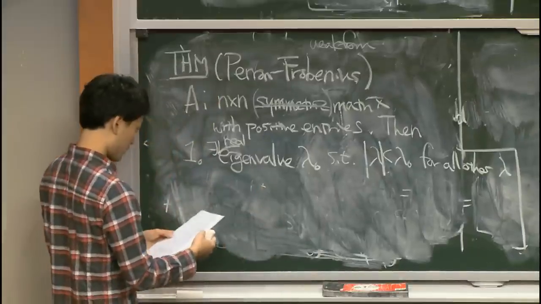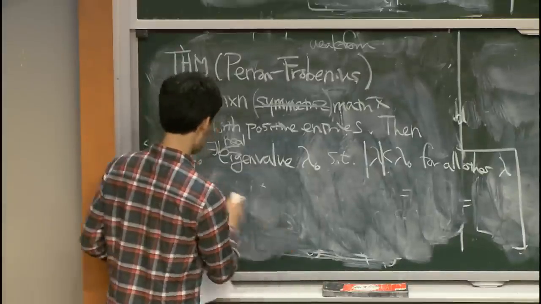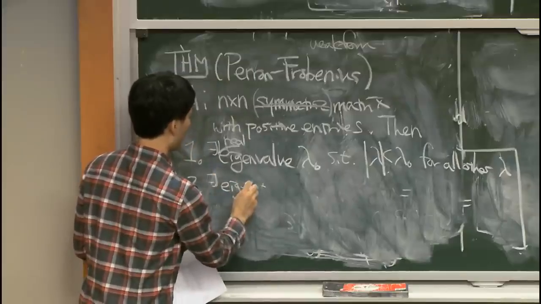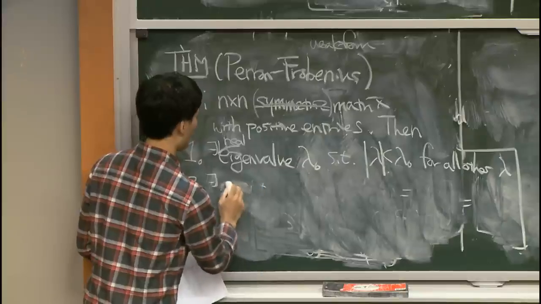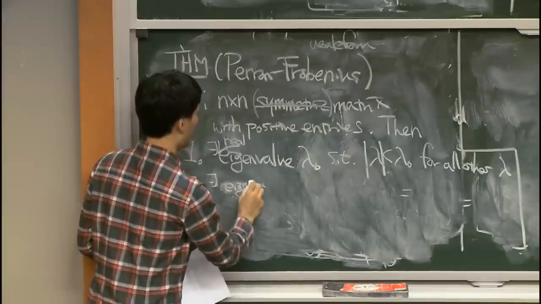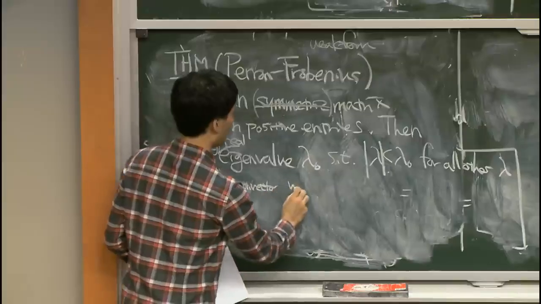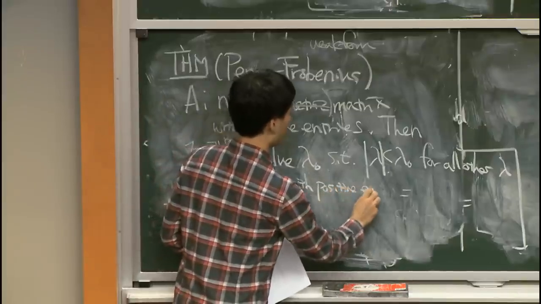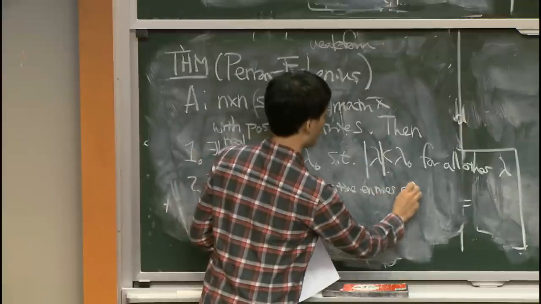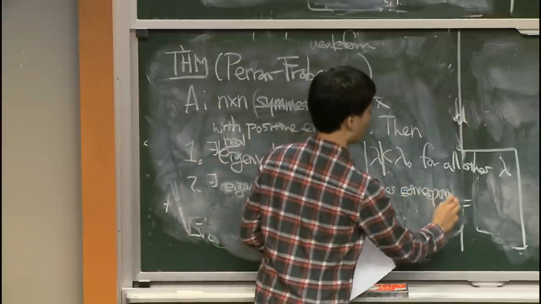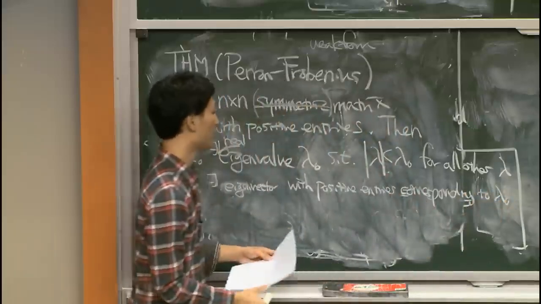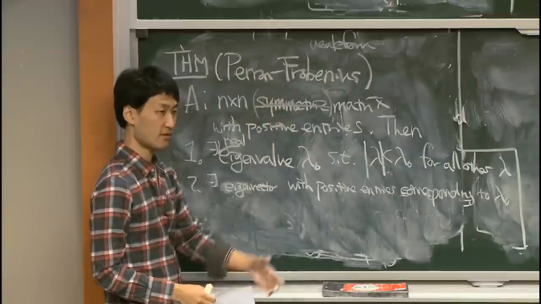Okay. Second part, there exists an eigenvector, a positive eigenvector with positive entries corresponding to lambda 0. So the eigenvector corresponding to this lambda 0 has positive entries.